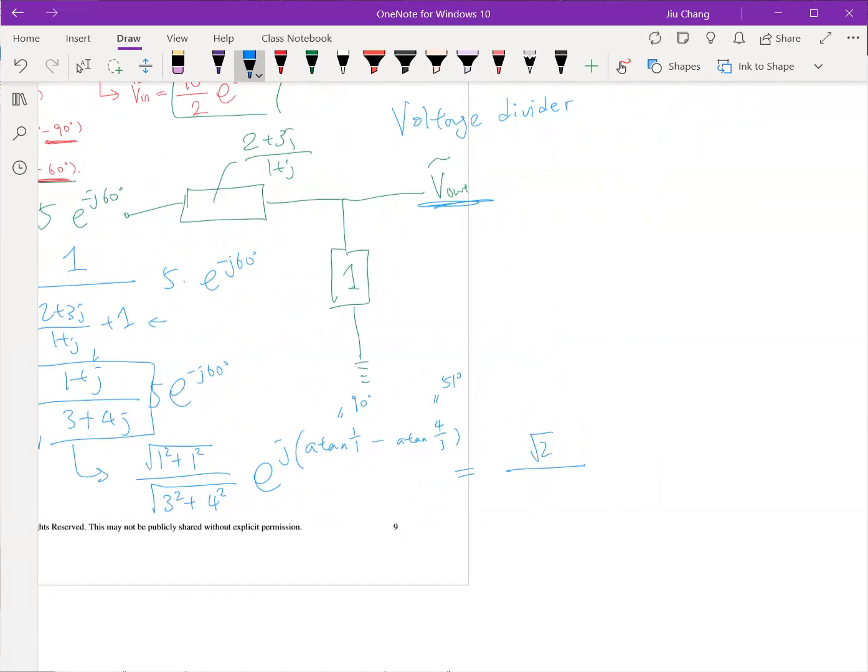So that's square root 2 over square root 16, so that's 5. And e to the power of j 39 degrees. I'm just gonna check my notes to make sure I'm doing it right.